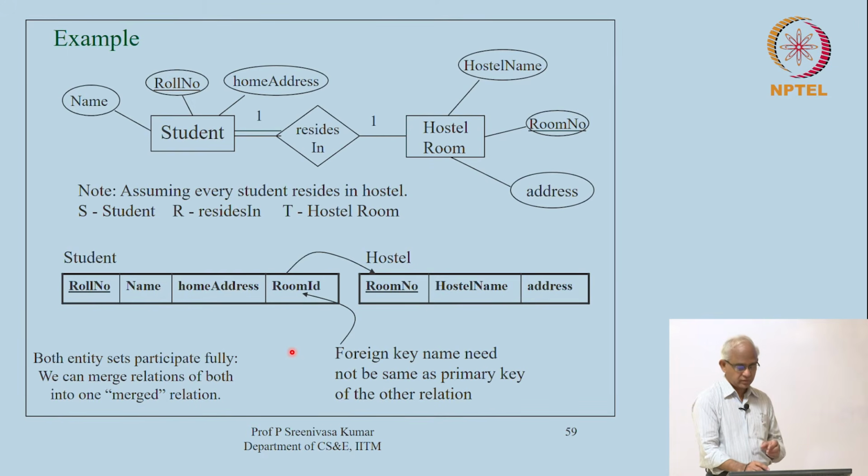And then of course, in that relation you will have student ID as a foreign key that refers to roll number, and room ID as a foreign key that refers to the hostel room number. So, you can have a third relation, leaving these two as they are. But we don't normally advise that in the case of one-to-one relationships, because you can manage the situation by augmenting one of these relation tables.